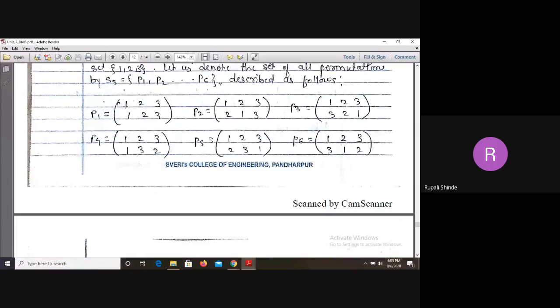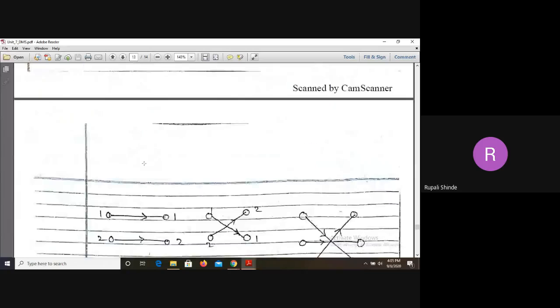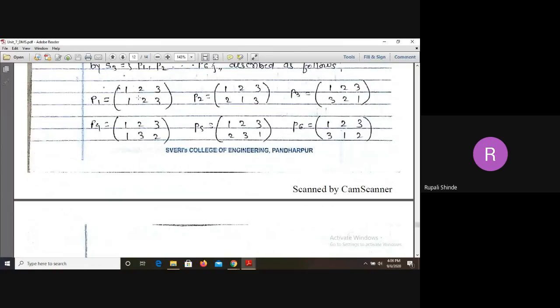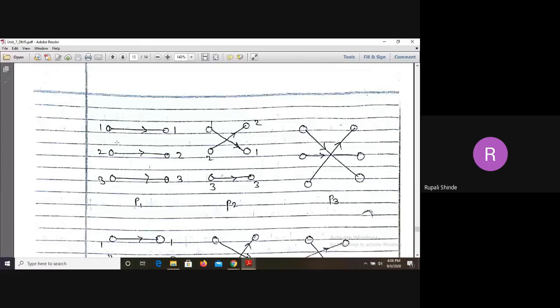Now 1 is mapped into 1, so there is an arrow from 1 to 1. Again 2 is mapped into 2 and 3 is mapped into 3. That's why there is an arrow from 2 to 2 and 3 to 3. So this is the diagram to represent permutation P1.